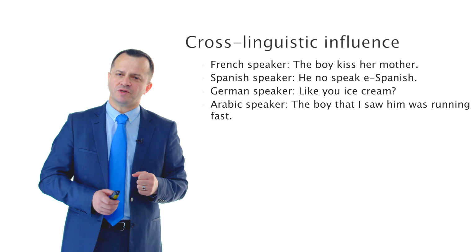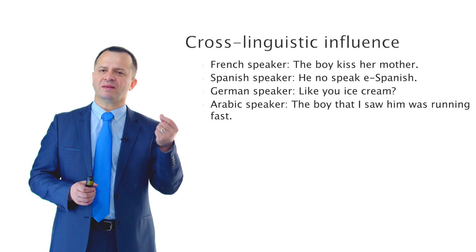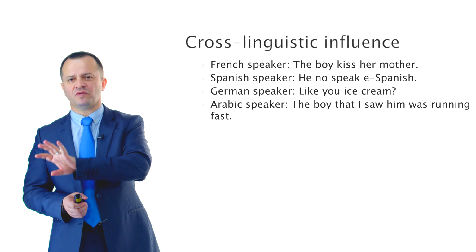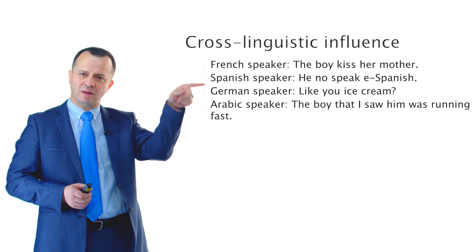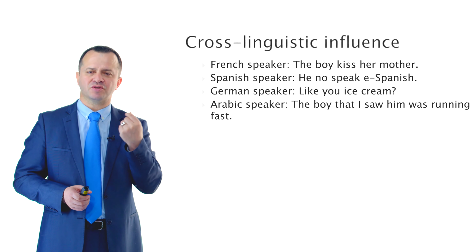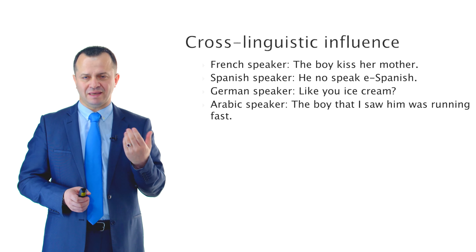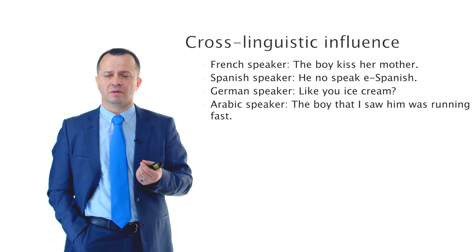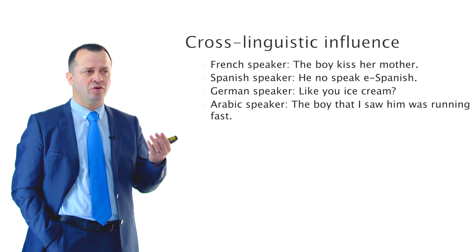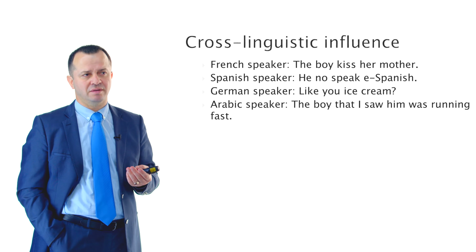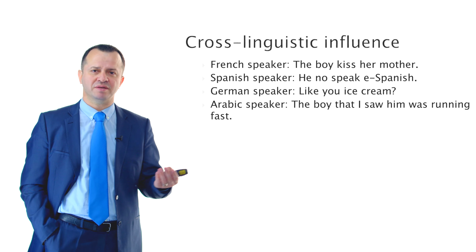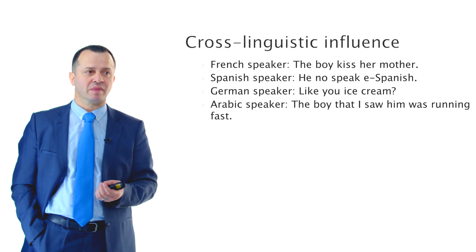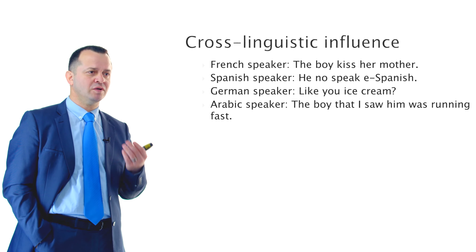So sometimes while constructing a sentence in English or in a foreign language, learners transfer the linguistic properties of L1 into L2 and construct a sentence. Sometimes they can have cross-linguistic errors as well. For example, a French speaker will literally say the boy kissed her mother. In Spanish, they say he no speak Spanish, la española. A German speaker says like you ice cream. And an Arabic speaker says the boy that I saw, he was running fast.